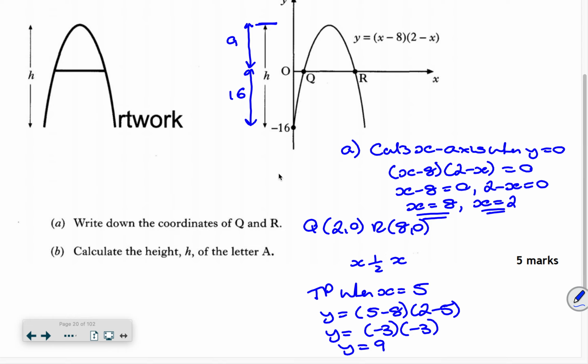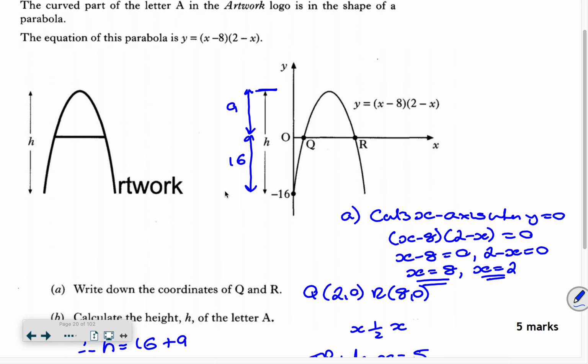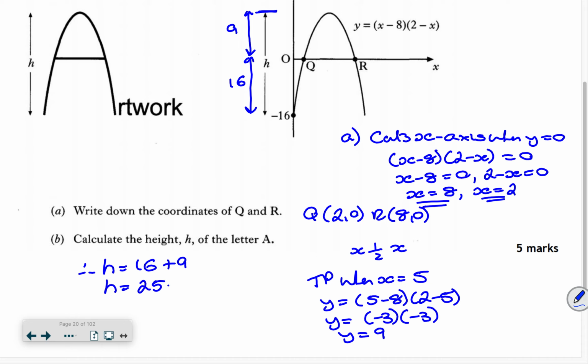So altogether, I can say that the height h is going to be the 16 up to 0 plus the 9 of the height that's left over. So h is going to be 25. Okay? And there's no units for that. So we just say h is going to be 25 units.